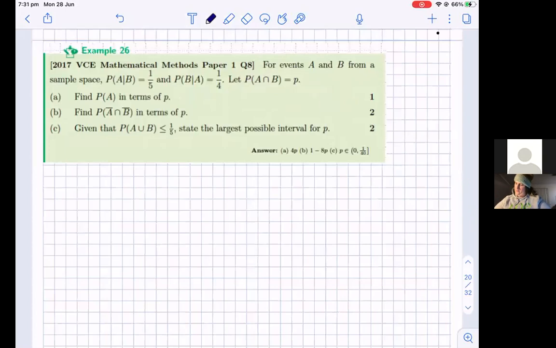Okay. For events A and B from a sample space, probability of A given B is 1/5. Probability of B given A is 1/4.